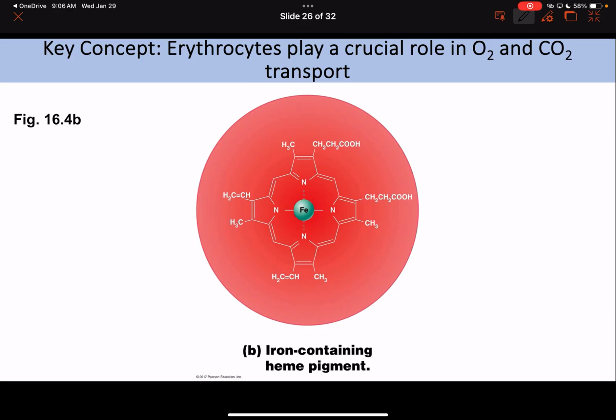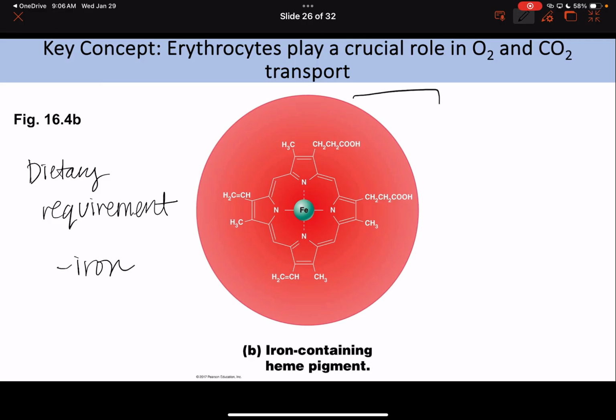One dietary requirement, we'll talk about a couple others, and this is already in your notes. But a dietary requirement in order to make sure that we're making enough hemoglobin and red blood cells is iron. So iron is needed to make the heme group on hemoglobin that the oxygen binds to. Okay?